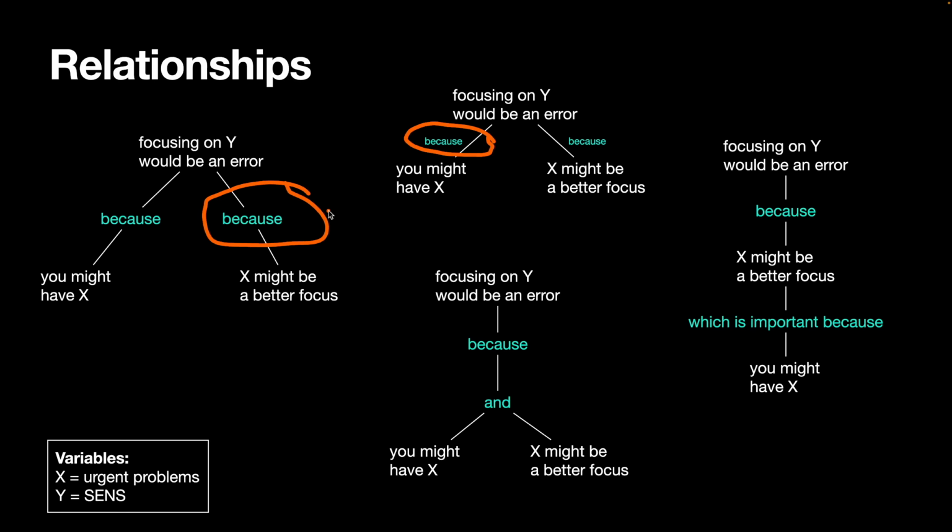So to a loose approximation, you will frequently have a tree that alternates. You'll have a node that is words from the paragraph, and then you'll have a relationship, a connection, an explanation of how it connects to the next thing, and then you'll have more words from the paragraph, and then another relationship, and then more words from the paragraph. It goes back and forth. It doesn't have to. Over here, we have 2 relationship nodes in a row because I used an and to group things together.